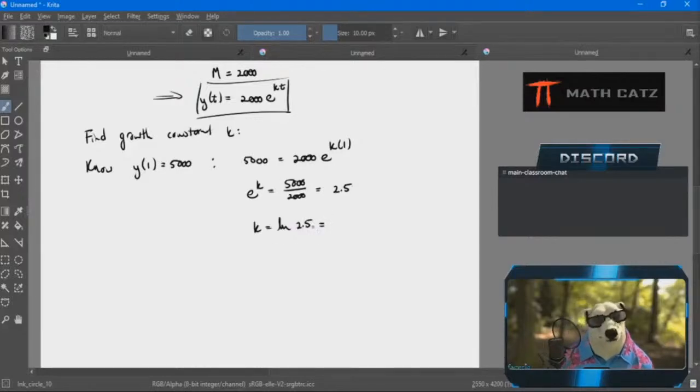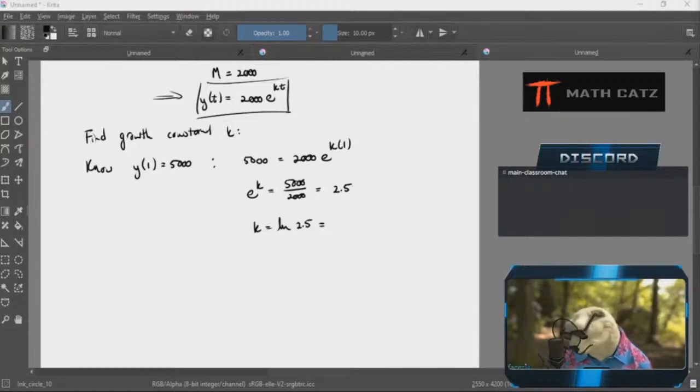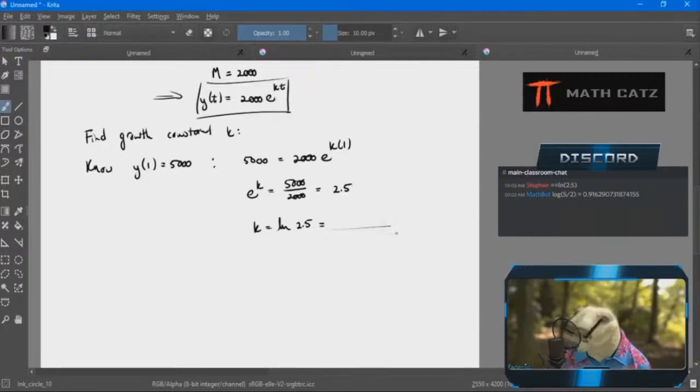Let's calculate that. I get k as 0.9163, let's say. Now, in a future calculation, I do have to use the accurate k, but when I present it, I can certainly round it to 2 or 4 decimals. I'd like 4 if they don't specify anything, just for that extra little safety, but it's up to you because it's just a presentation.